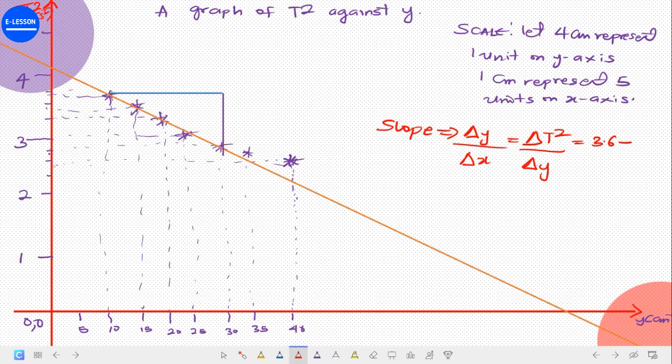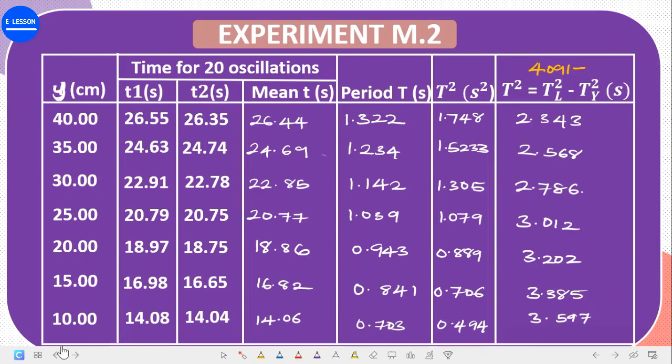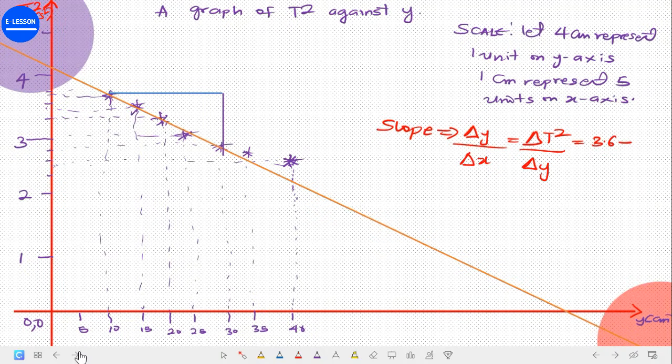This point is about the 5th point downward, which is 2.786. Is that the point? Yes, 2.78, which is 2.8.